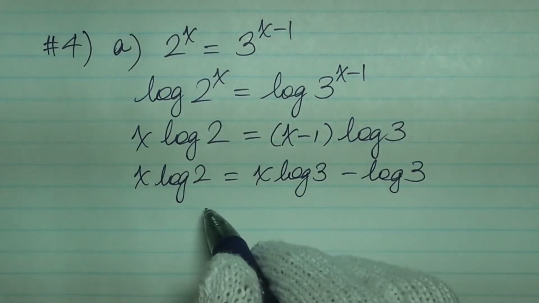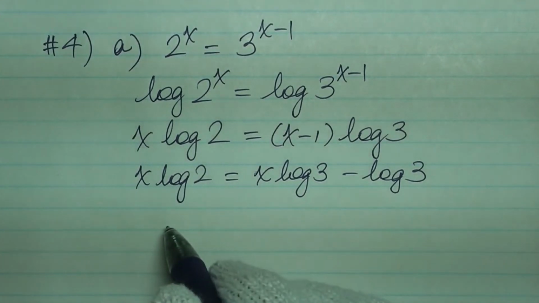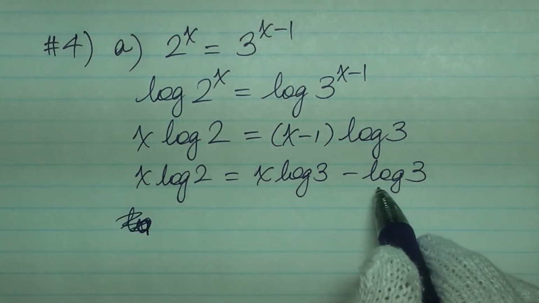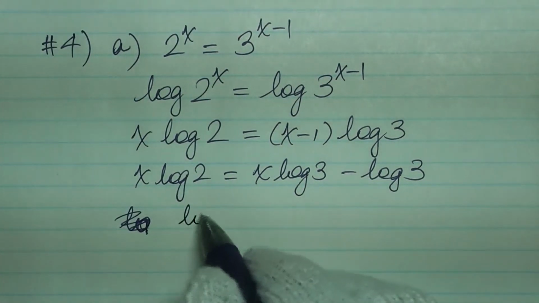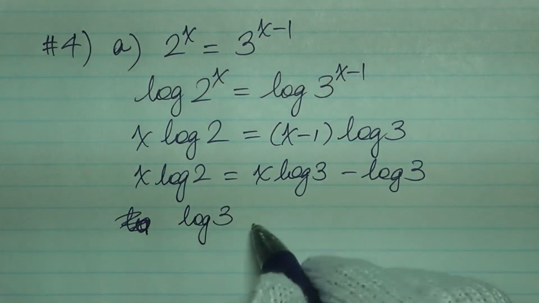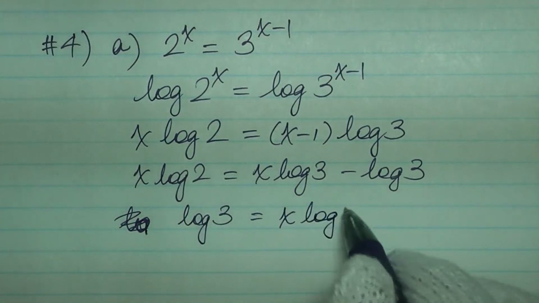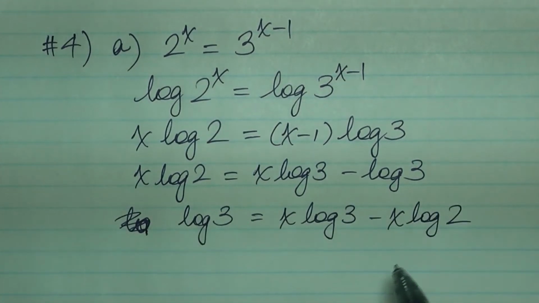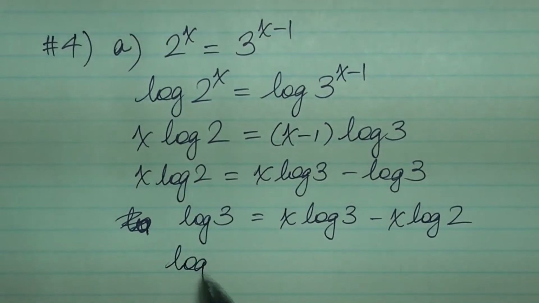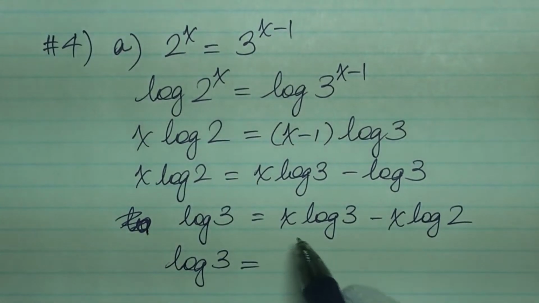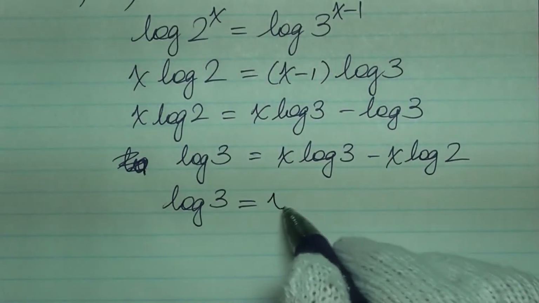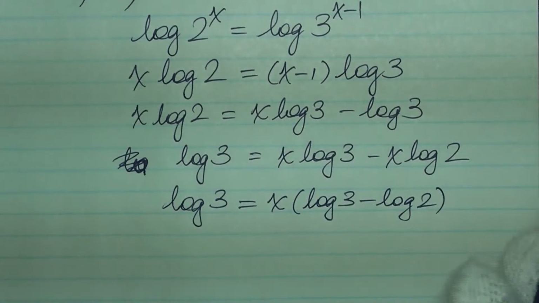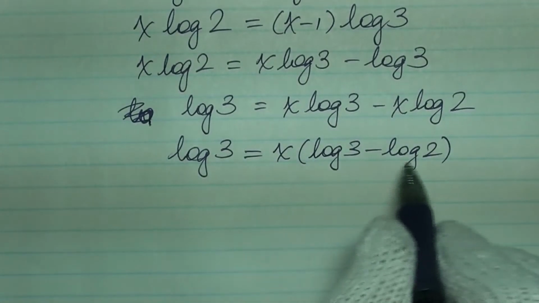Move this to the other side. And move this to this side. So positive log 3 from there becomes x log 3 minus x log 2. Factor out the x. Divide out the bracket.